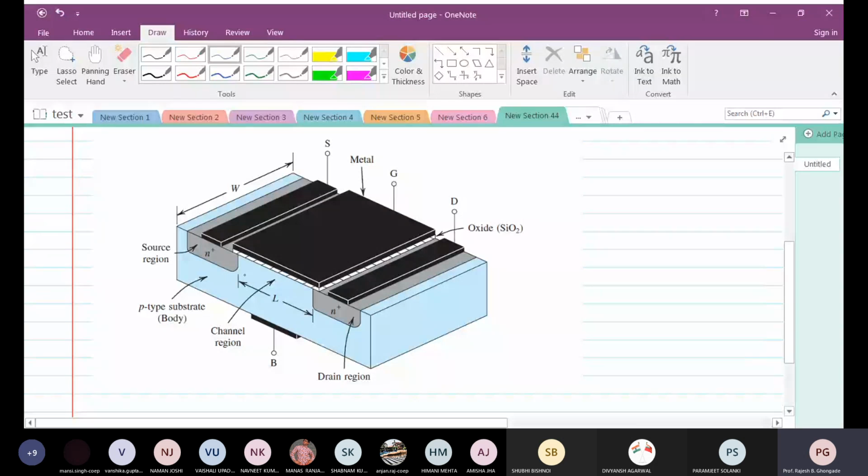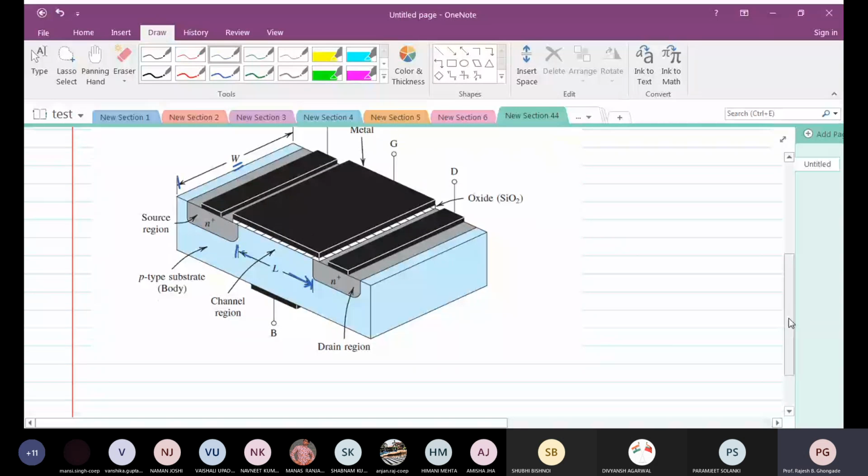Now in this case, as you can see here, the distance between these two ends is called L. We have already specified that. This is called W, so the width is called W. Okay, and we already have this oxide SiO2 here.